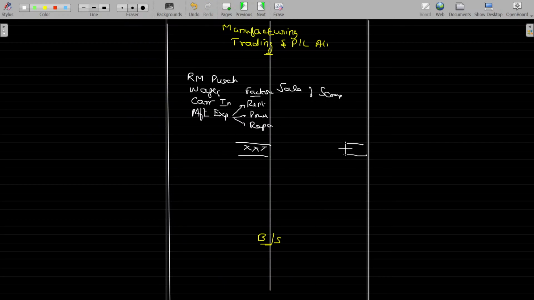Once the production is over, whatever value you get is transferable from the manufacturing account to the trading account. The second block is the trading account, where I am transferring the cost of production, finished goods.